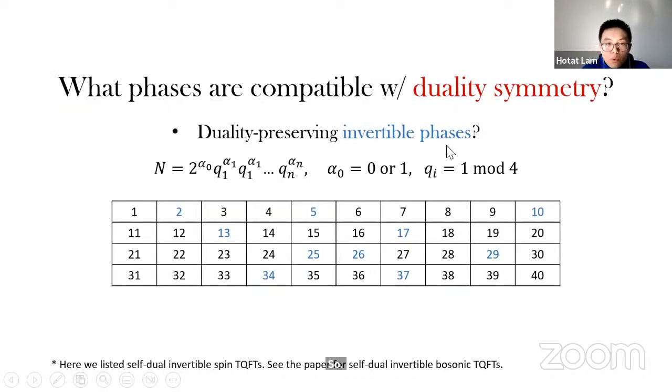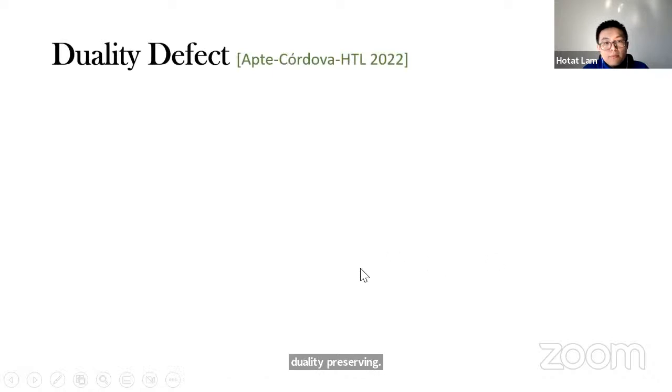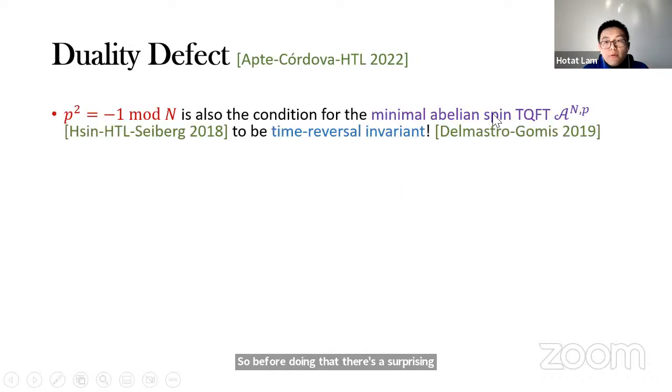Now let me say a little bit more about this duality preserving SPT. Let's analyze what happens to the duality defects. Before doing that, there's a surprising fact that one might notice, if people are familiar with time reversal symmetry in 2+1D TQFTs.